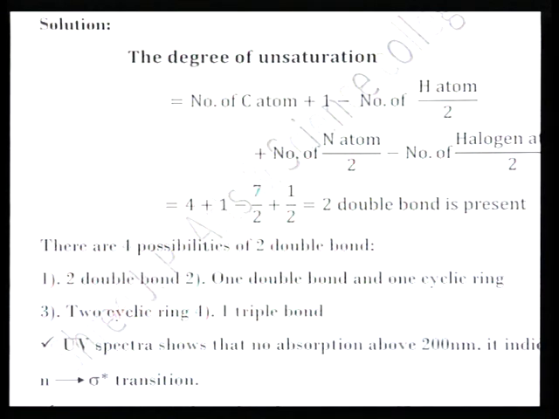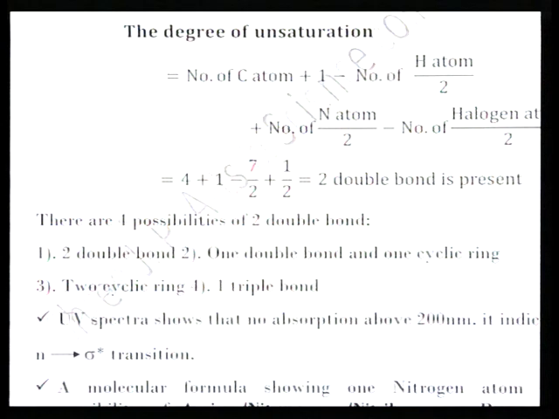If the transition is at longer wavelength, above 200 nanometer, then pi to pi star and n to pi star transitions are possible, but below 200 it indicates transition of sigma electrons, either n to sigma star or sigma to sigma star.